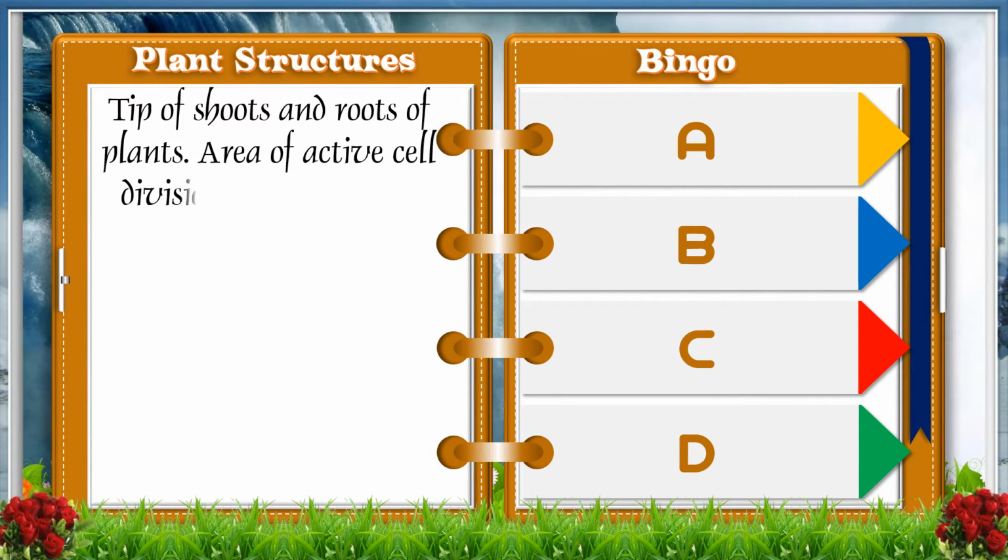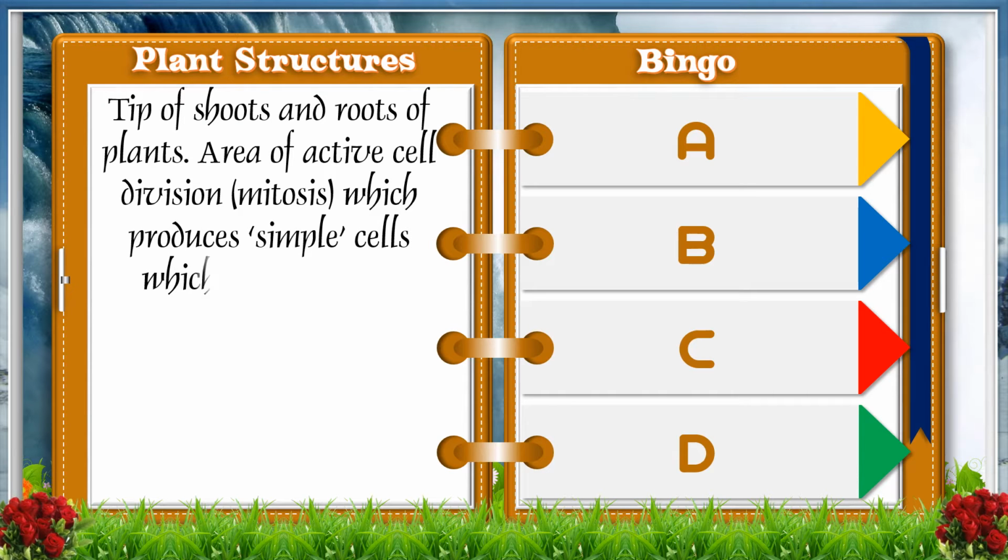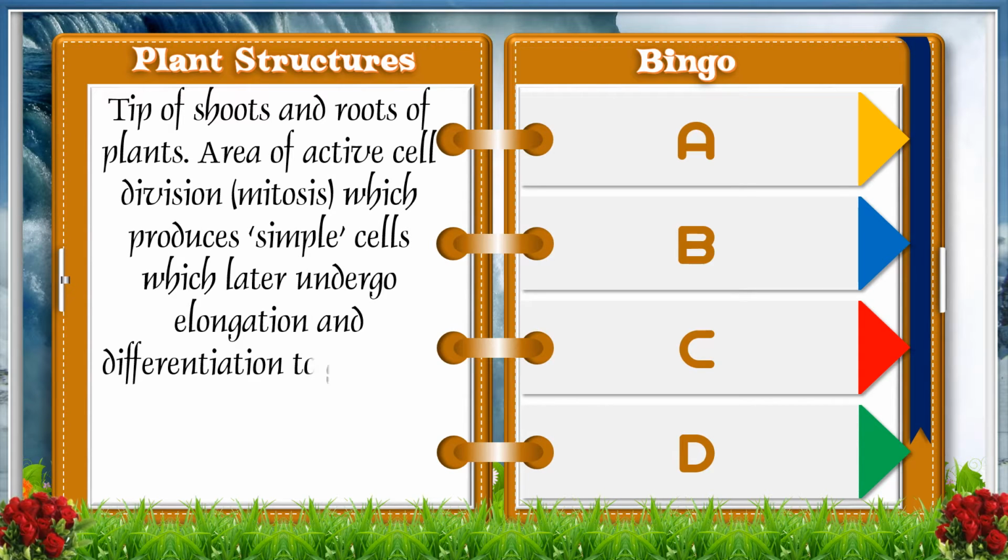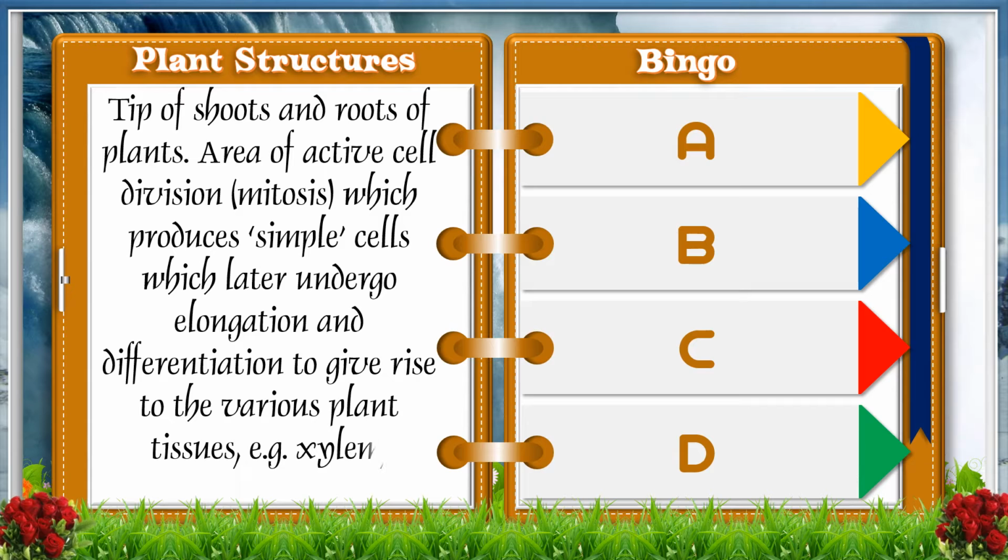Tip of shoots and roots of plants. Area of active cell division, mitosis, which produces simple cells which later undergo elongation and differentiation to give rise to the various plant tissues.